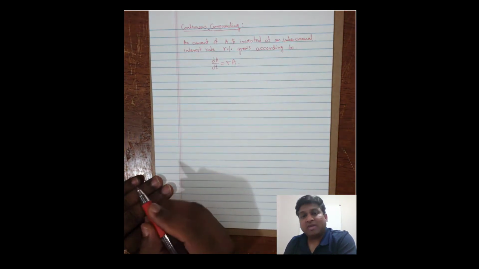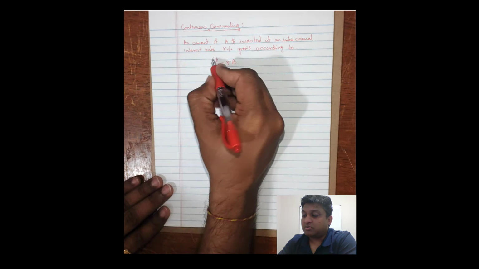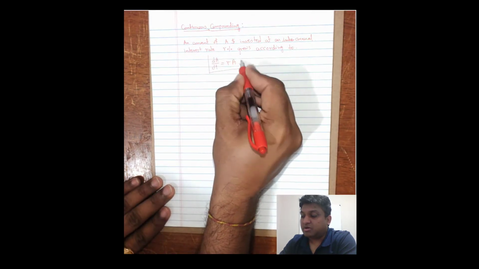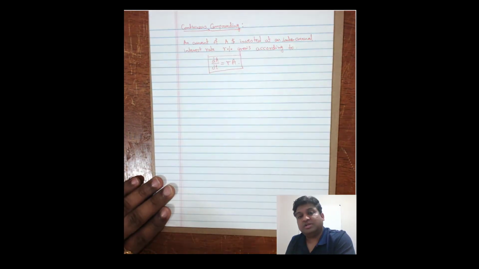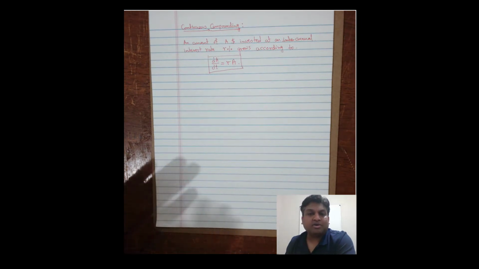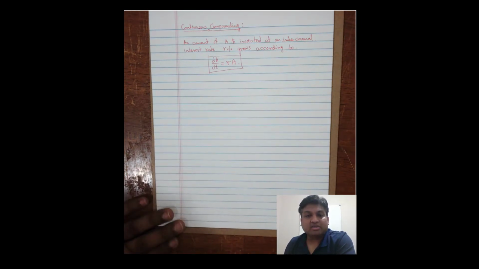So the amount in the bank account grows according to this differential equation, according to the solution of this differential equation. Now think about it for a second, why is this solution important for us?